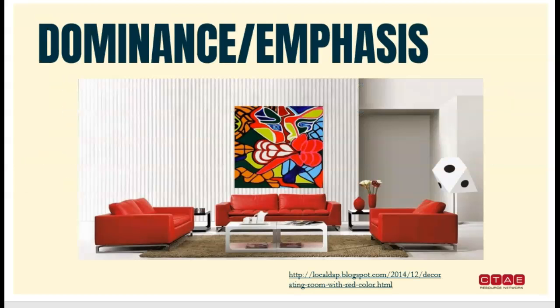So, dominance, emphasis. Looking at this picture, what stands out the most to you? It is the actual painting. Then the subdominant would be the red couches, and the subordinate would be this domino-looking item.